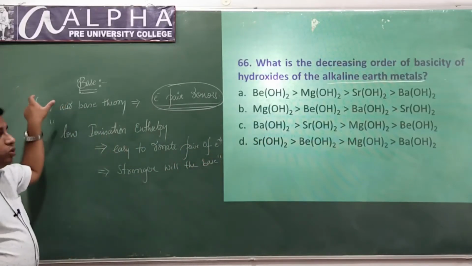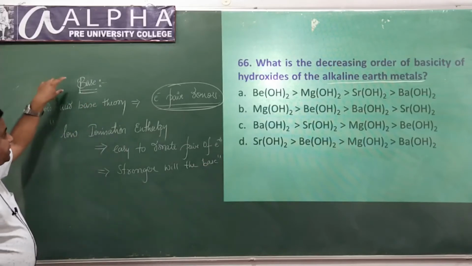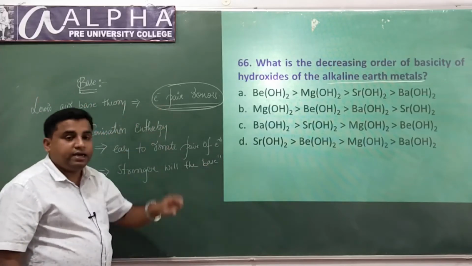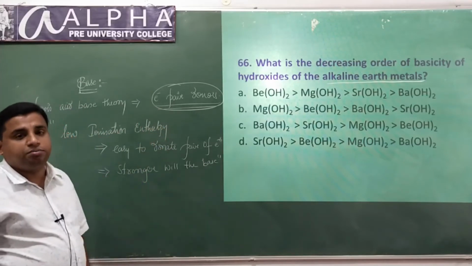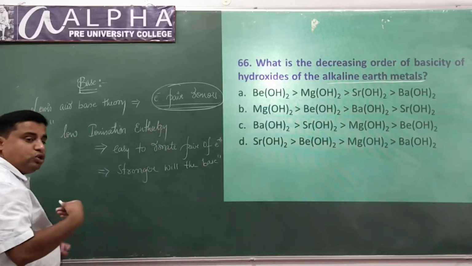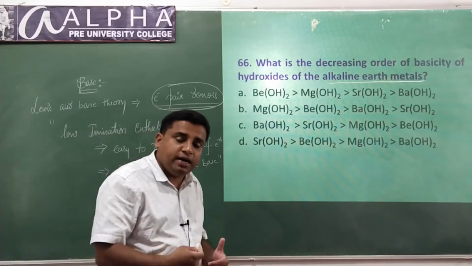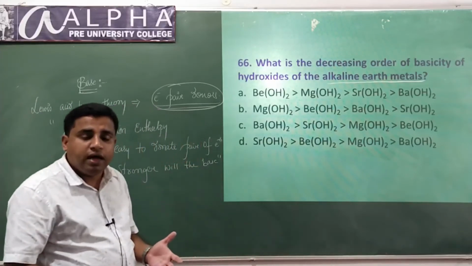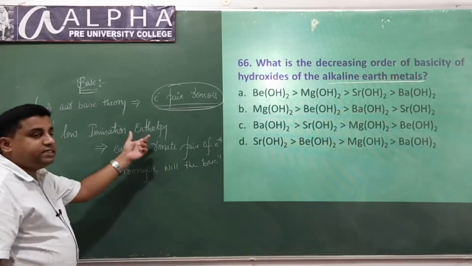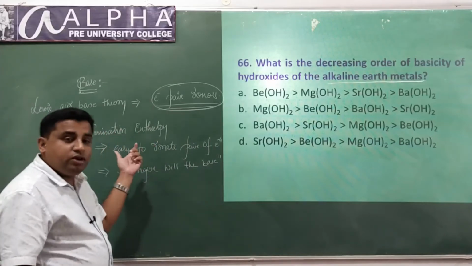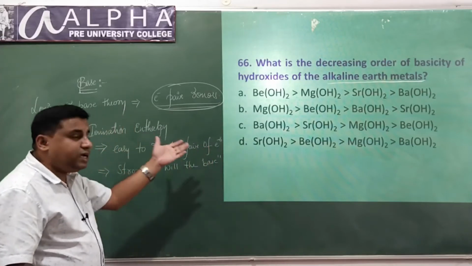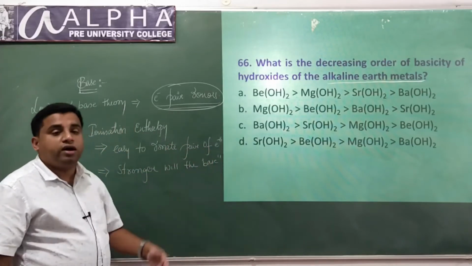According to Lewis acid base theory, a base is any substance which donates an electron pair. Electron pair donors are called Lewis bases. If any species has to donate electron pairs, it should have low ionization enthalpy. Lower the ionization enthalpy, easier will be the donation of electrons. Easier the donation of electrons, stronger will be the base.